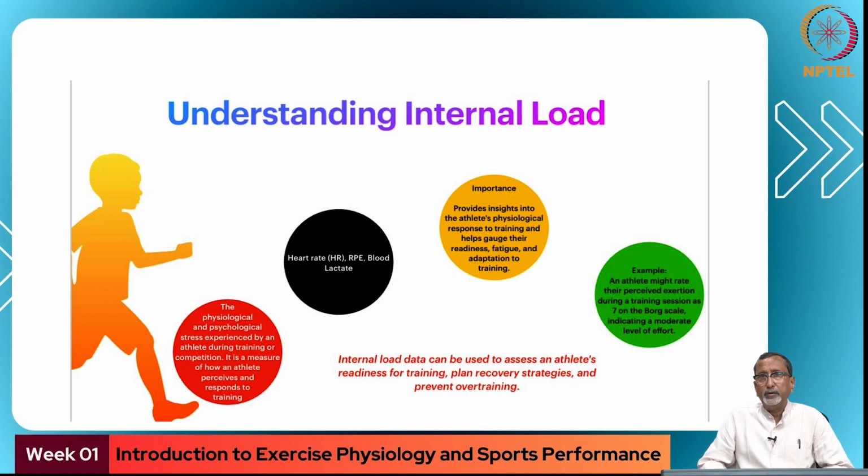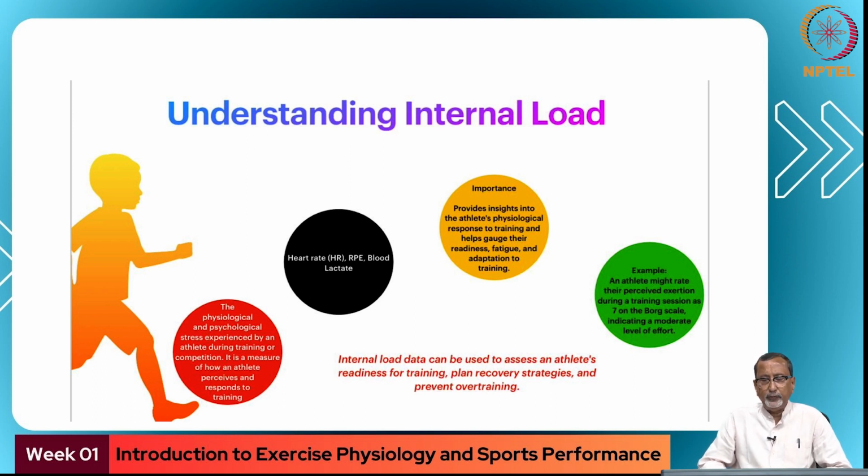What are those parameters? The most used are heart rate, blood lactate, and the RPE, or rating of perceived exertion, which is known as the Borg scale of perceived exertion.